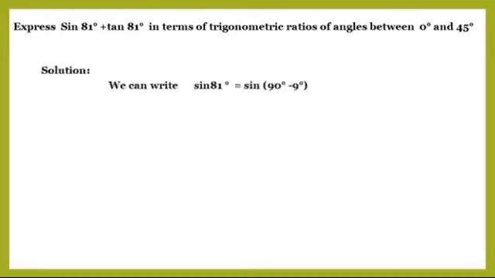We can write sin 81 degrees is equal to sin of (90 degrees minus 9 degrees), because 90 minus 9 equals 81 degrees. But from trigonometric ratios of complementary angles, sin of (90 degrees minus 9 degrees) is equal to cos 9 degrees.